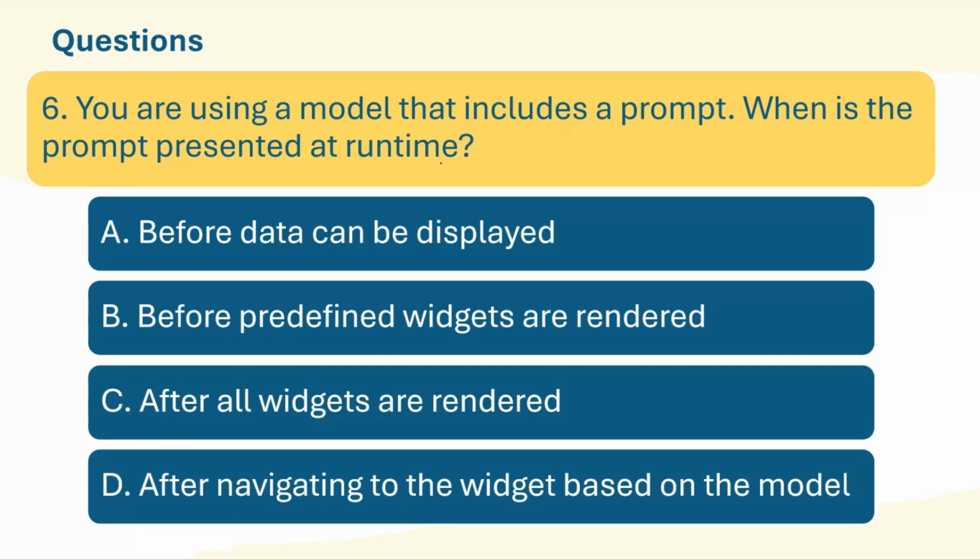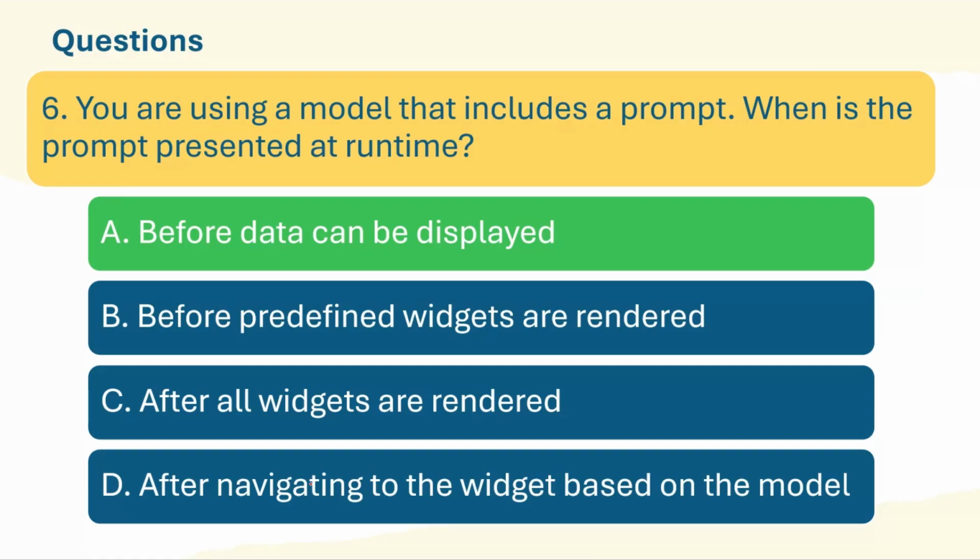When you run any query in any tool, and if it has a filter, it pops up a filter or a prompt asking what selection you want to execute. Once you give the selection and click OK or execute, then only the data is displayed, not before that. So the correct option will be before data can be displayed. Once you provide the input, then only the data will get displayed.